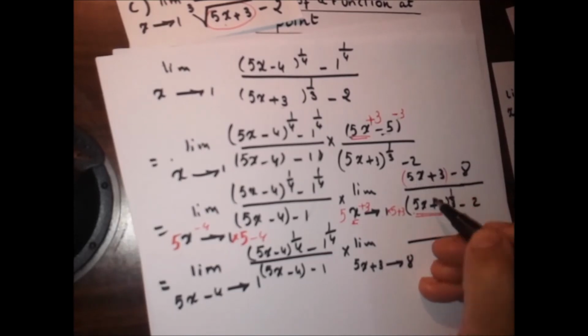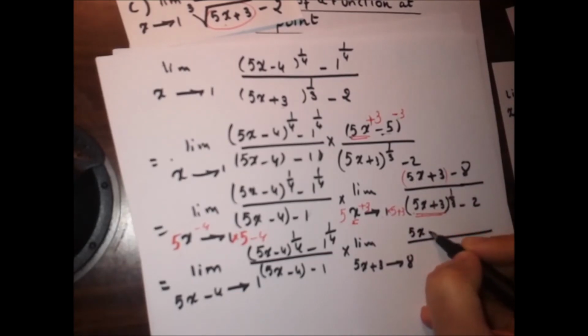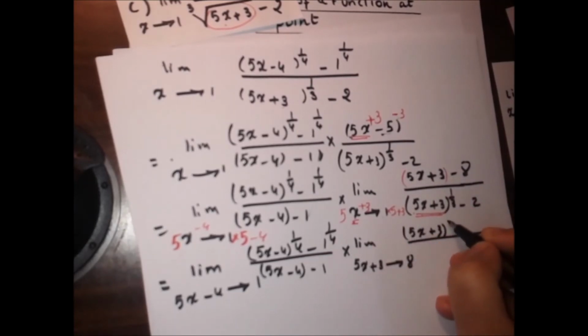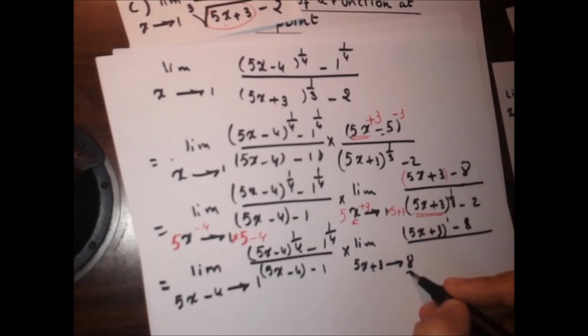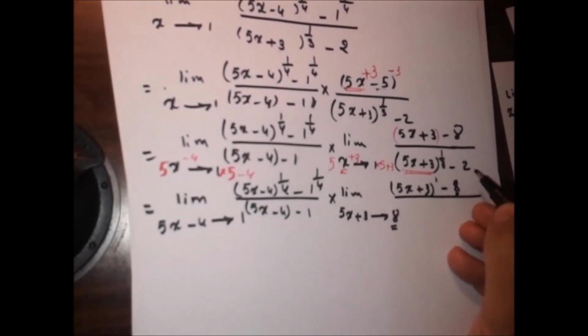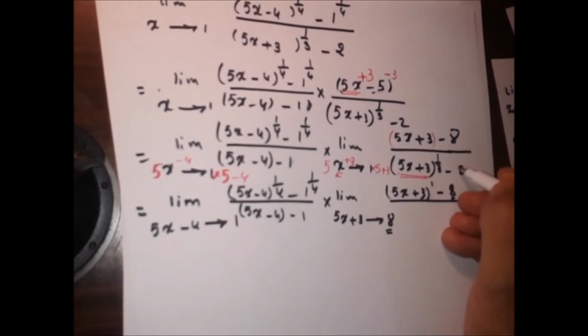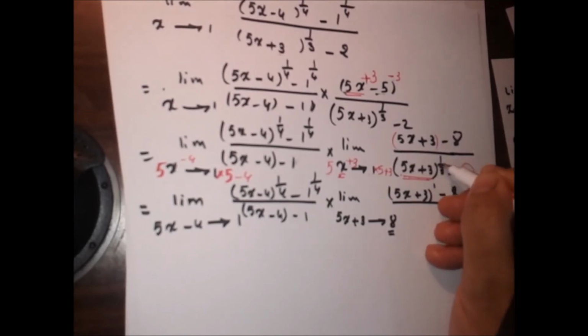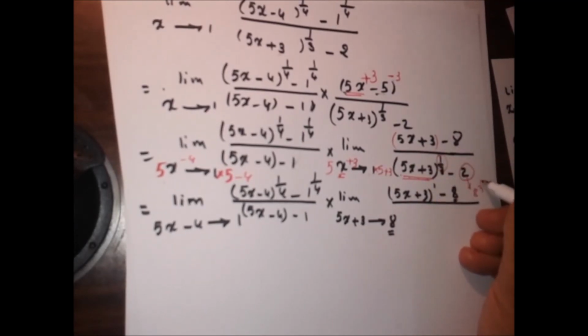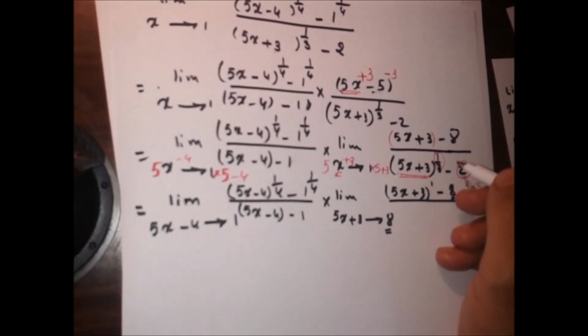And here we have 5x plus 3 with the power being 1, and minus 8, keep it as it is because a is supposed to be 8. And here we need to make a change. We can just write 2 as a to the power 1/3, because a to the power 1/3 is 2.